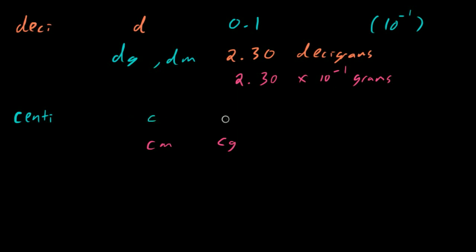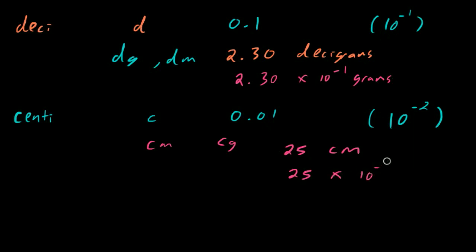And this would be 1/100th of whatever we had. There are 100 centimeters in 1 meter. So what power of 10 is this going to be? Well, it's going to be 10 to the minus 2, right? So if we had 25 centimeters, that's the same thing as saying we had 25 times 10 to the minus 2 meters.